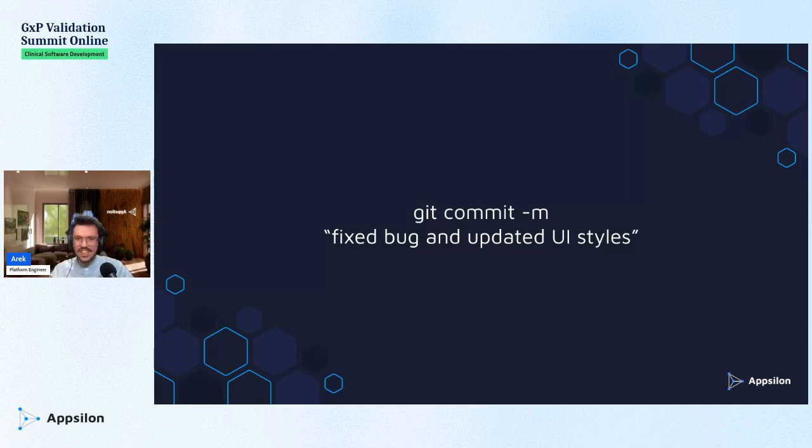So at first, let's take a look at our message. Here we have "fixed bug and updated UI styles." The first thing that we can notice here is that we have two different contexts here, right? We have two different logical changes included in the Git commit message. We have a fix of a bug, and we also have information about updating the styles in our web app, I guess.